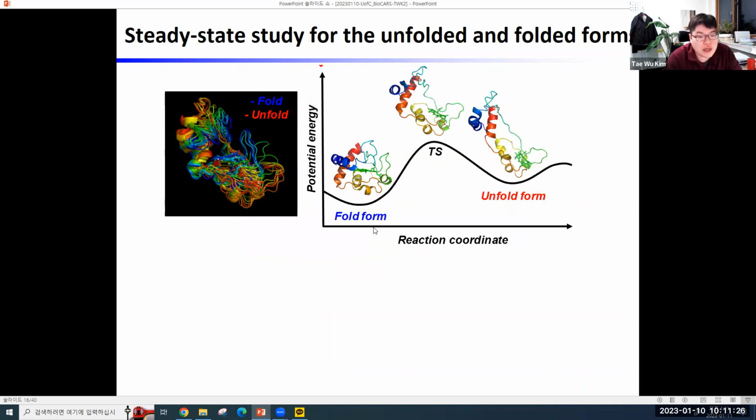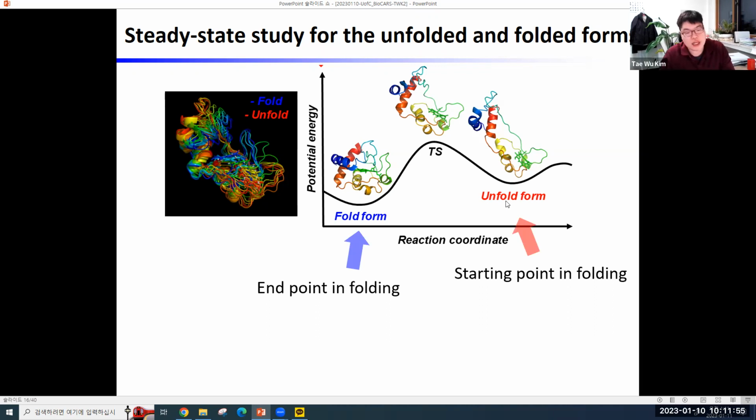Before starting the actual time-resolved experiment, we first characterize the steady-state structure of oxidized unfolded and reduced folded cytochrome C. To do that, we adjust the chemical environment of the cytochrome solution, such as the ionic condition, and we also control the redox state. In this way, we chemically prepare the starting oxidized state and the reduced final state.